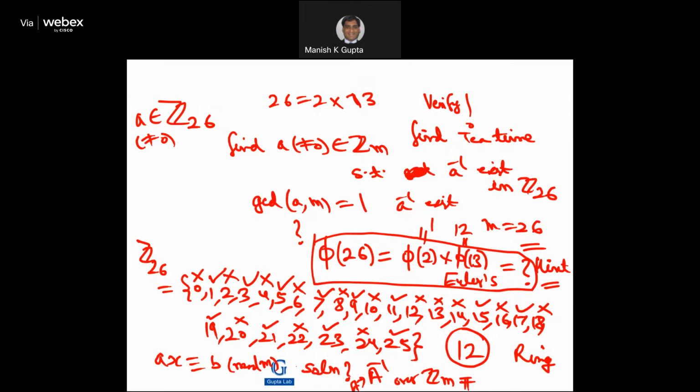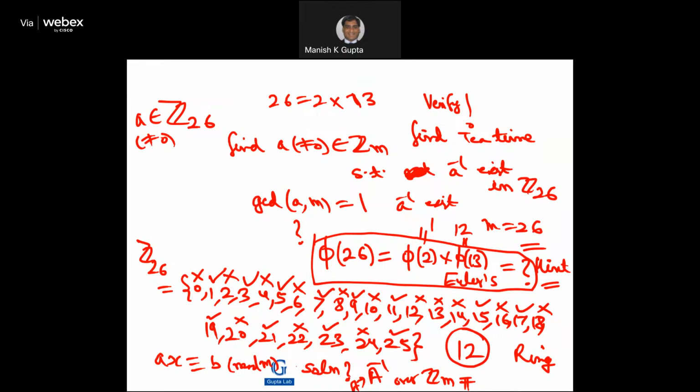So how many such elements will be there which will be invertible in Zm? I'm saying in integers modulo M, I'm asking a general question: how many elements A are there which will have an inverse? That means how many times is the GCD 1? GCD of A and M is 1. You can count, right?